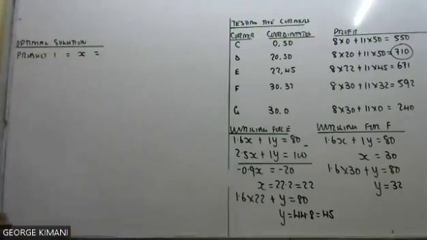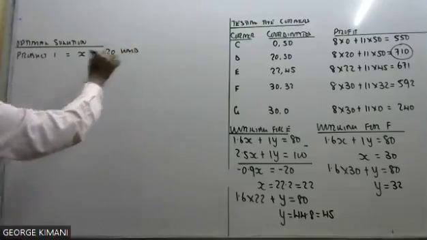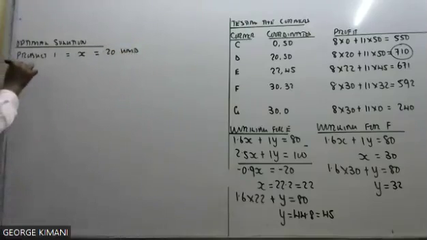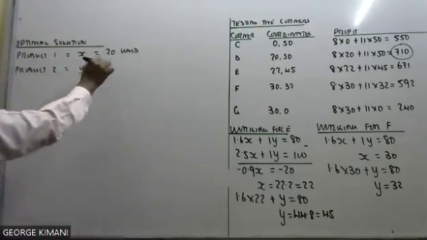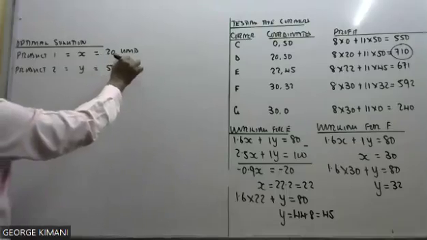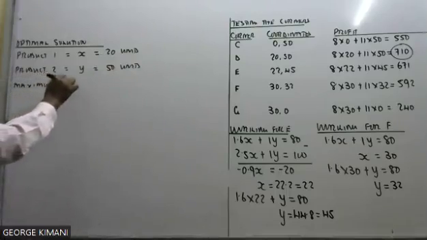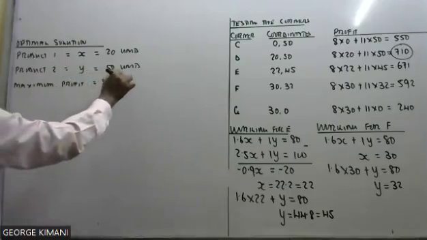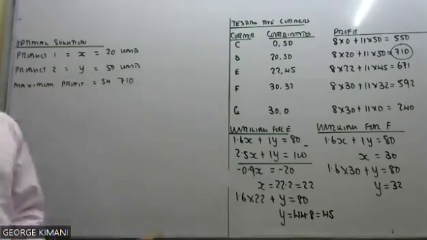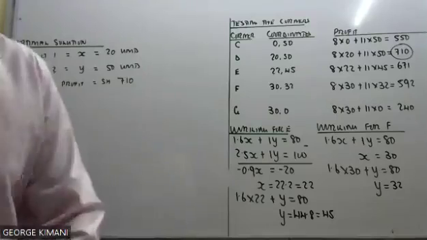We are going to make 20 units. Product 2, which was our Y, we are going to make 50 units. And after tumefanya hiyo kazi yote, the maximum profit we get is shillings 710. That's how you solve a program using a graph.